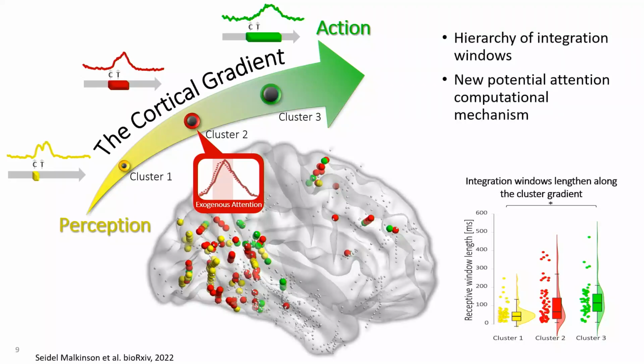And this could be a new potential attention computational mechanism, for example, RT facilitation, which is when the cue and the target are very close in time. So for example, at 150 milliseconds apart, we cannot respond separately to each one of them, and therefore these events are bound together into a single event file. As we see here in this integrated response, maybe accumulation of evidence starts already at the onset of the cue, and therefore we can explain the faster response in this condition. That's it.